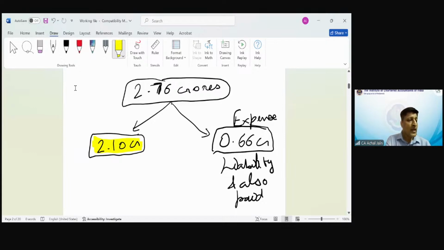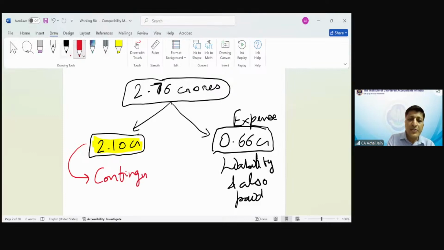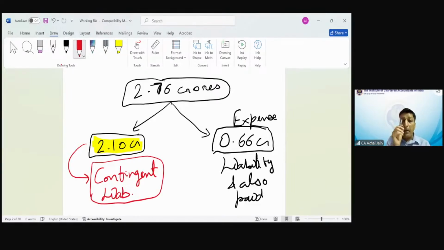One thing is for sure: if the company has gone into a litigation despite paying the entire amount, it cannot be a provision. Otherwise, why would a company want to get into a litigation? Therefore, in this case, it should be disclosed as a contingent liability.